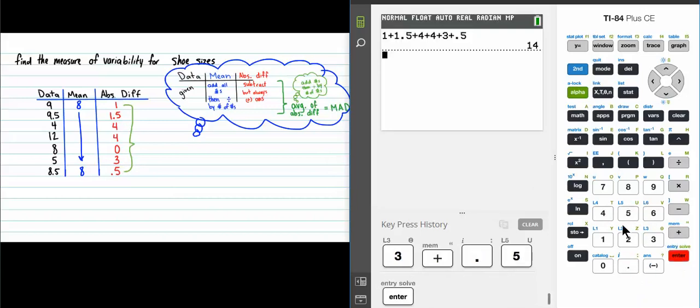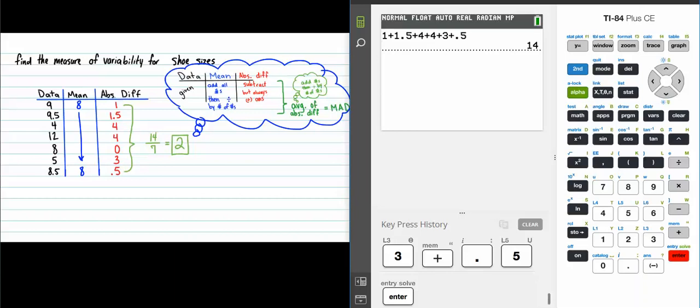And I get 14. So the total is going to be 14, and then divided by the number of numbers. So 1, 2, 3, 4, 5, 6, 7 numbers. And what's 14 divided by 7? 2. So my measure of variability here, or my MAD, is going to be 2. This is how you do the MAD.